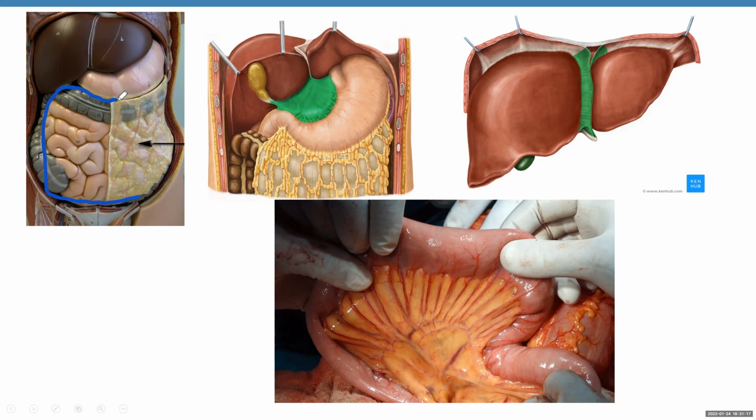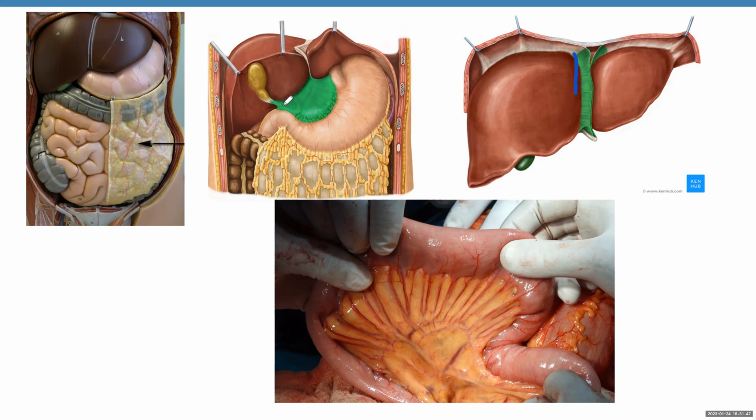So it actually covers your entire small and large intestine, and it accumulates a large amount of fat, right? So here we can see greater omentum again, right? So here's a structure hanging down from the stomach, and lesser omentum is on the lesser curvature of the stomach, right? That attaches the stomach to the liver.